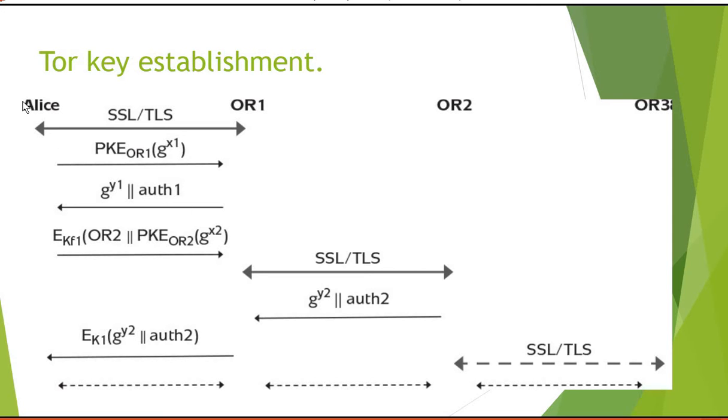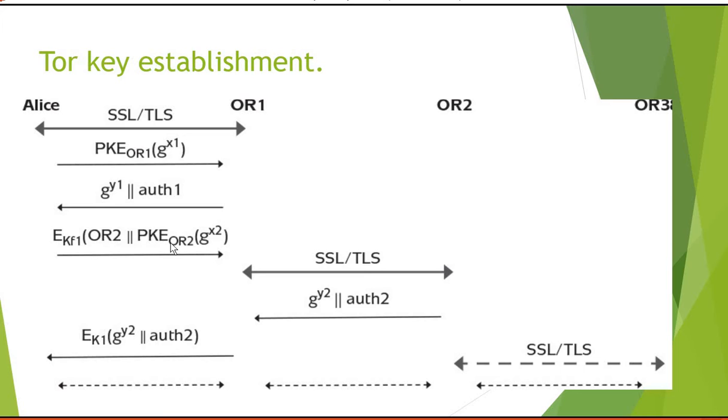Onion router 1 will transfer g^y1, along with authentication information, to Alice. Now what Alice has to do, using the symmetric session key shared between Alice and onion router 1, that is K_F1, is transfer the onion router 2 address and the encrypted data.